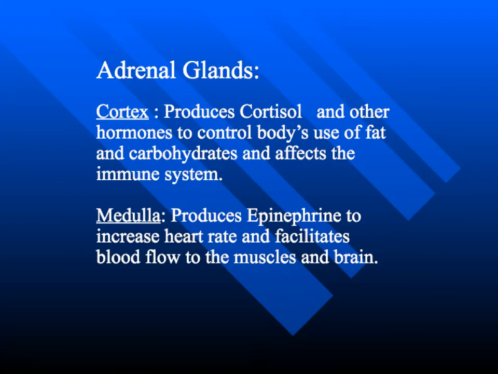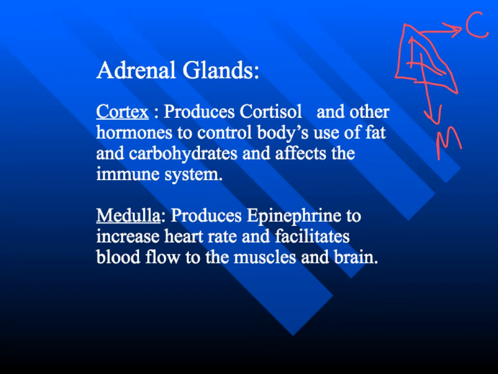So what do adrenal glands do? Two things. The cortex of the adrenal gland, the outermost layer, and in the middle is medulla. The cortex produces cortisol and other hormones to control body's carbohydrates and also affects the immune system.